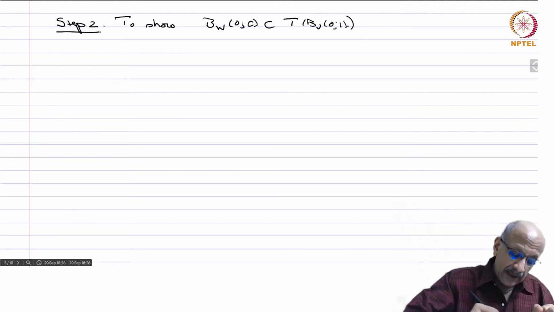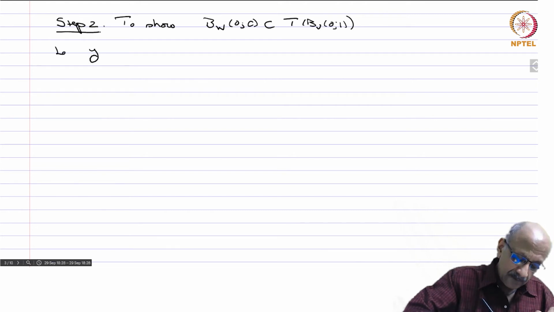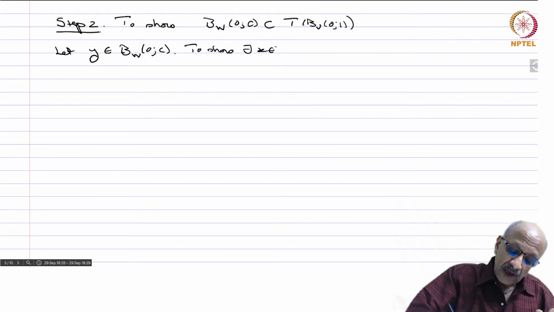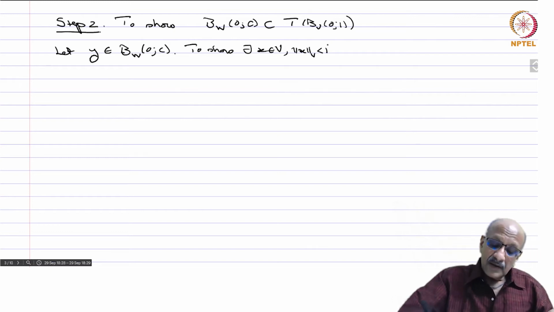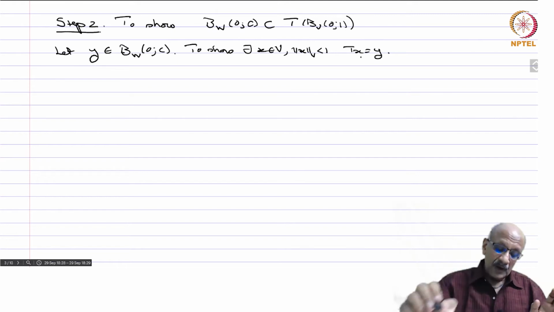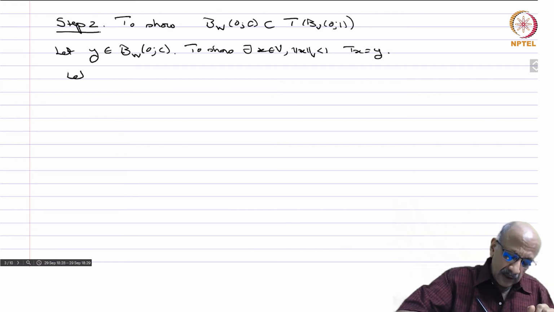Okay, so let y belong to B_W(0,c). So to show there exists x in V, norm x less than 1, such that Tx equals y. That's what we need to show now. Okay. So let epsilon be some positive number, arbitrary.